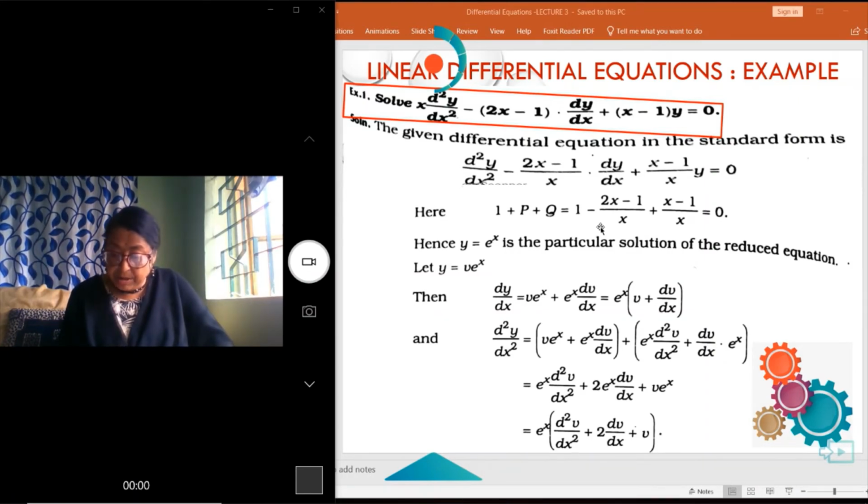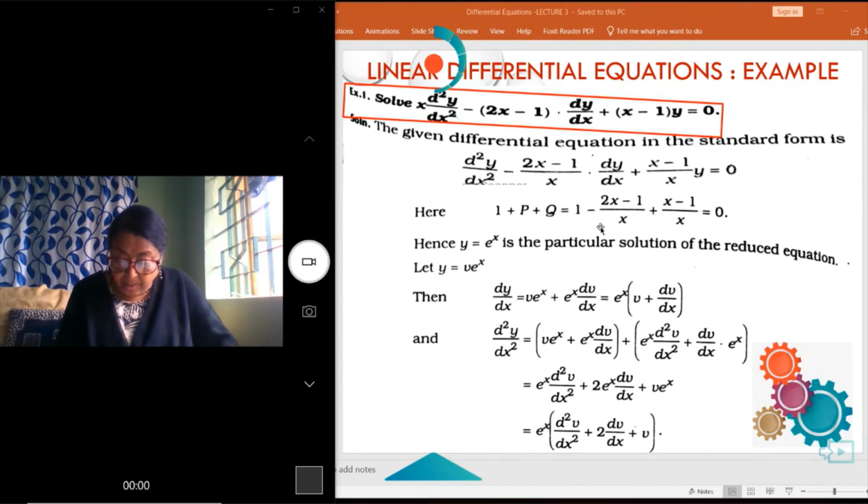Now put dv/dx = ρ, so that dρ/dx + ρ/x = 0. So after calculation we get v = c1 log x + c2. So y = v e^x will be the solution, and so this is y = e^x (c1 log x + c2).